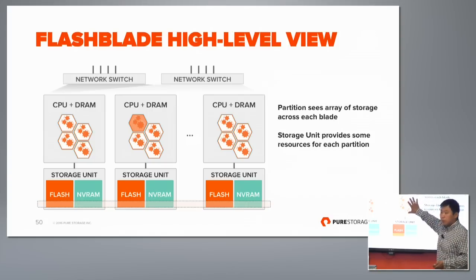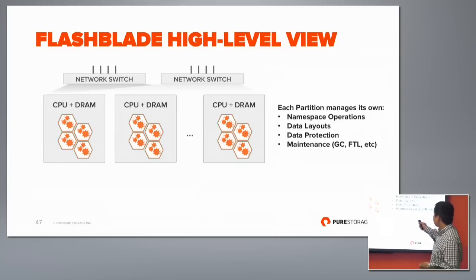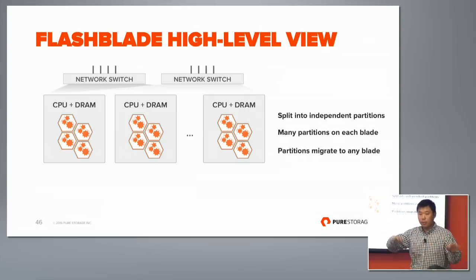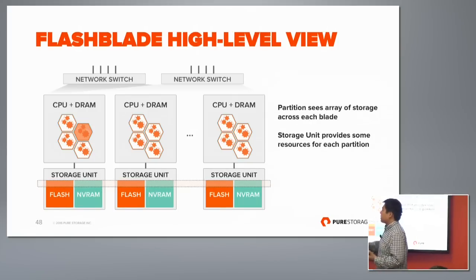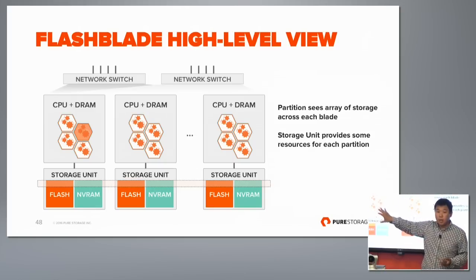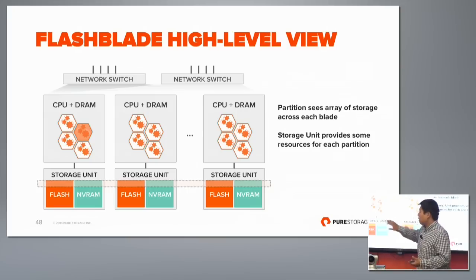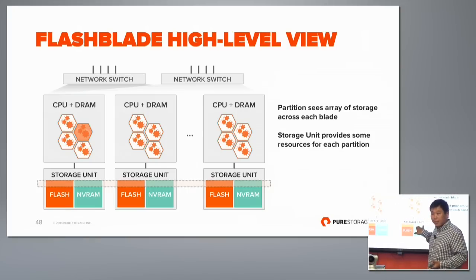From the control or compute perspective, remember, we have the property that we can pick up each of these partitions and migrate them to any of the other blades. And because there's no data, there's no state associated with this partition running on this particular blade, we can pick up this partition and migrate it to other blades without moving data around, because all of the state associated with this partition is striped across the entire storage tier.